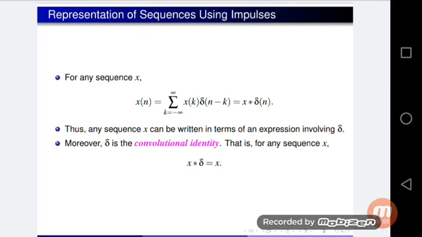And coming to the next one, representation of sequences using impulses. For any sequence x, x of n equals the summation of k from minus infinity to infinity of x of k delta of n minus k, which is x into delta of n.